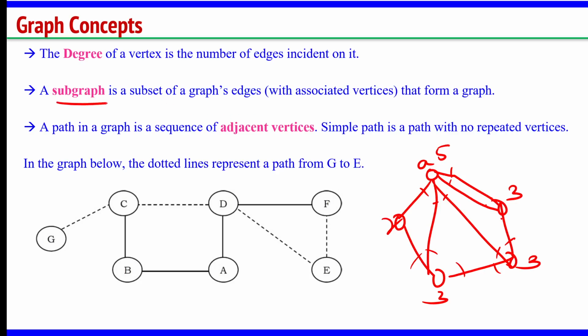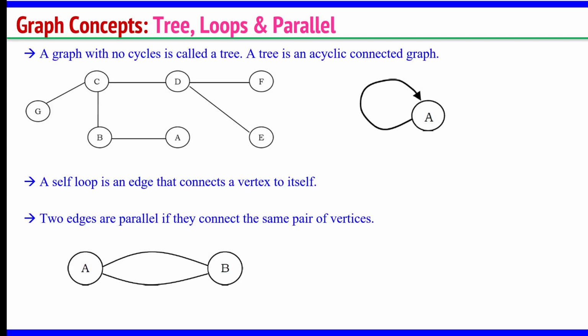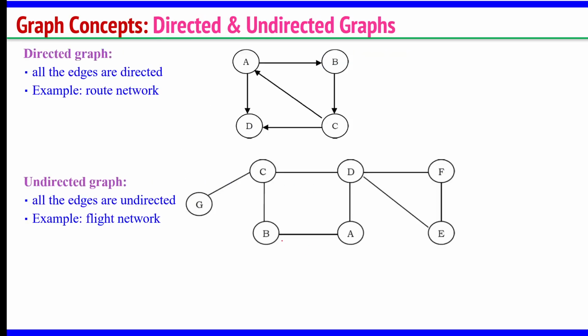Next, subgraph. So given a graph, if you are removing a certain number of edges, it is a subset of a graph's edges that form a graph. In this case, if this is a graph, one subgraph for this will be, I have A, I have D, I have B. This could be one subgraph.